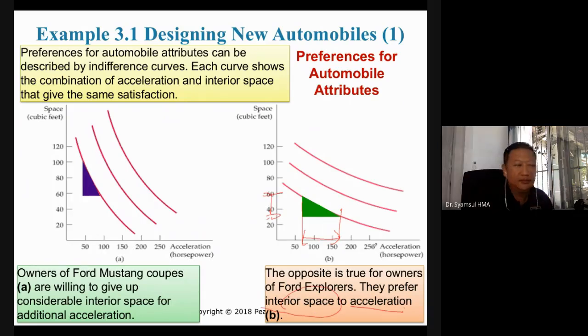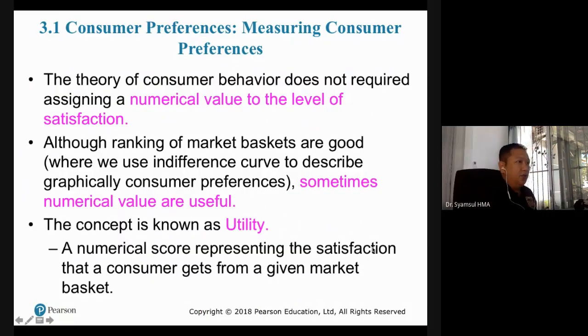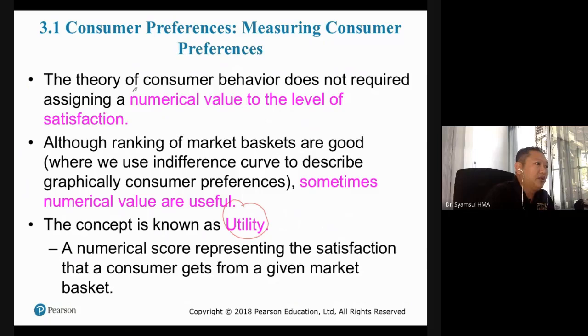Understand? Okay. Now, we can measure this preference, and we call it utility. The theory of consumer behavior does not require assigning a numerical value.